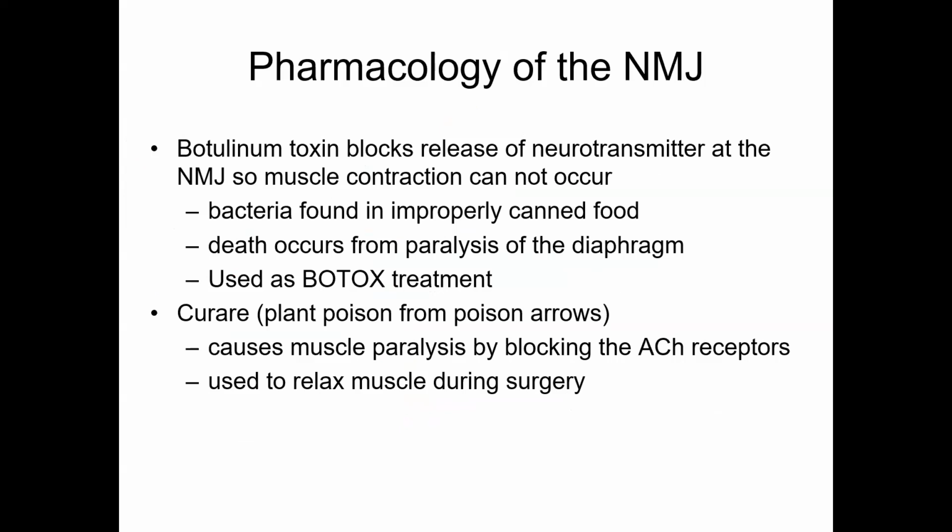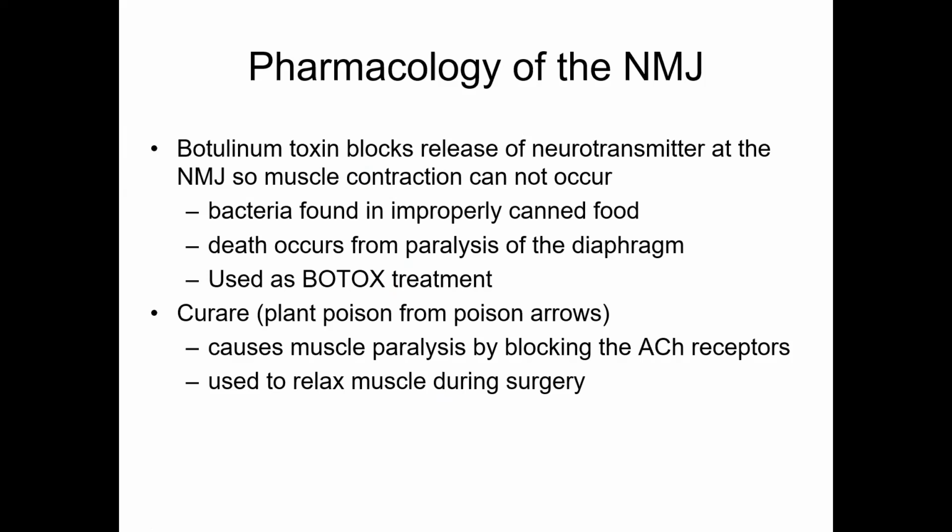In case of heavy botulinum poisoning, the toxin from the bacteria will block the action of the neuromuscular junction. Botulinum toxin stops the release of acetylcholine. When there's no acetylcholine, the muscles will not get the signal to contract.